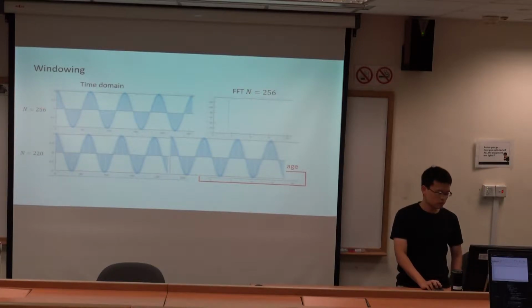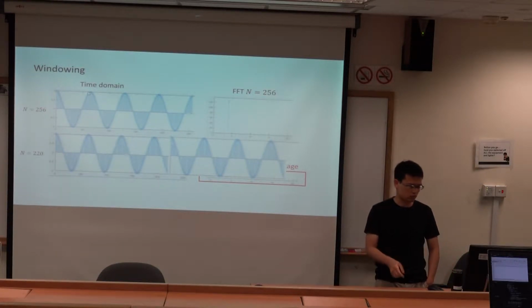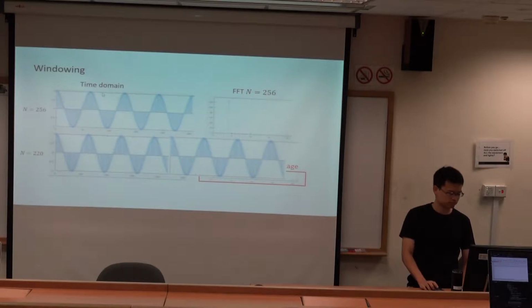However, for a signal that oscillates only non-integer periods in N samples, there will be a jump here. Even if I pad zeros behind that, there will still be a jump.